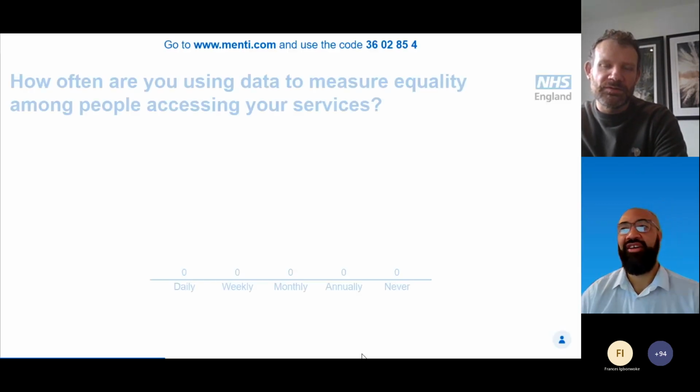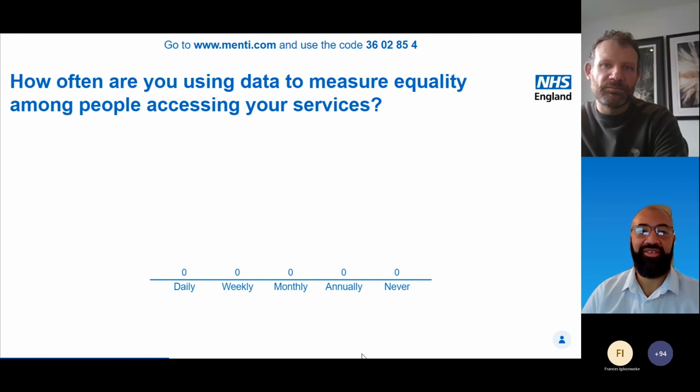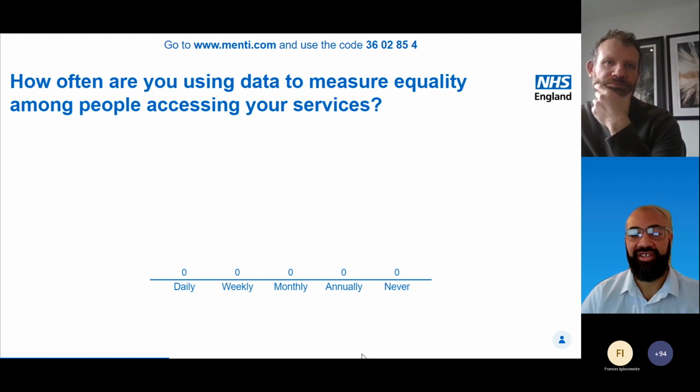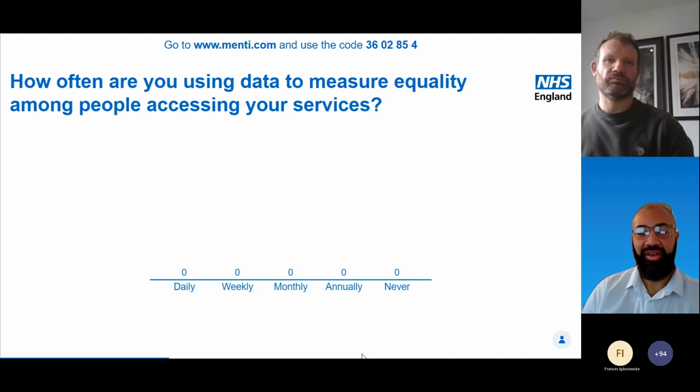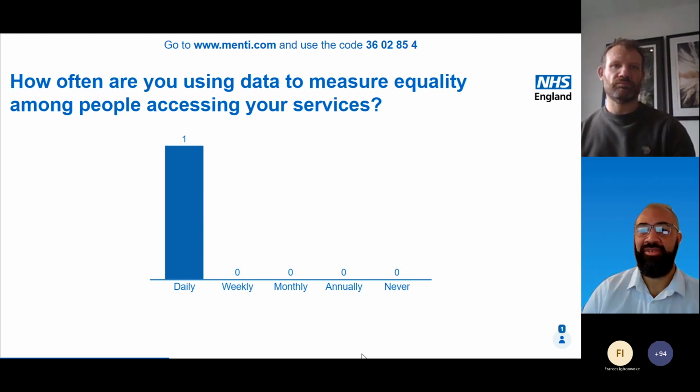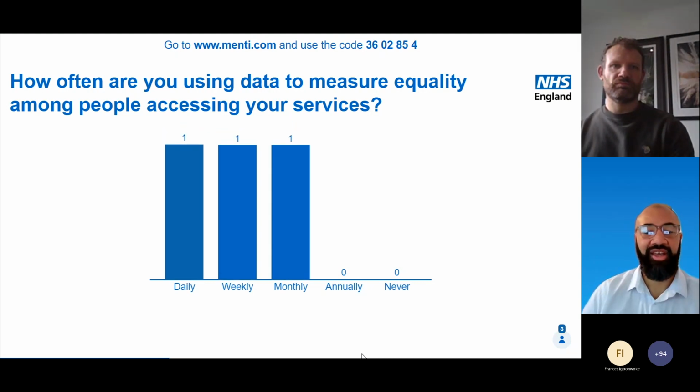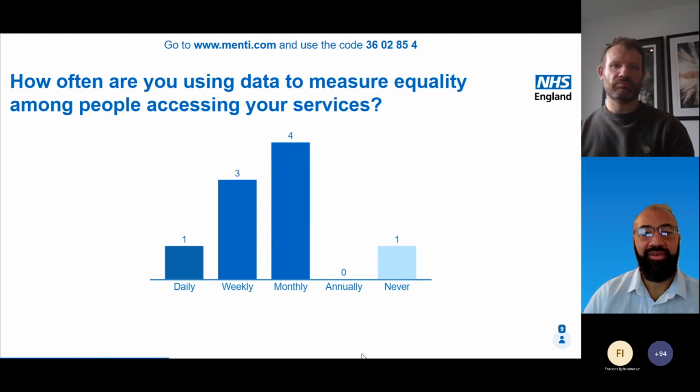Firstly, we're going to have a couple of Menti questions. How often are you using data to measure equality among people accessing your services? This is a multiple choice question. Okay, so we can see weekly coming out the most, monthly as well.